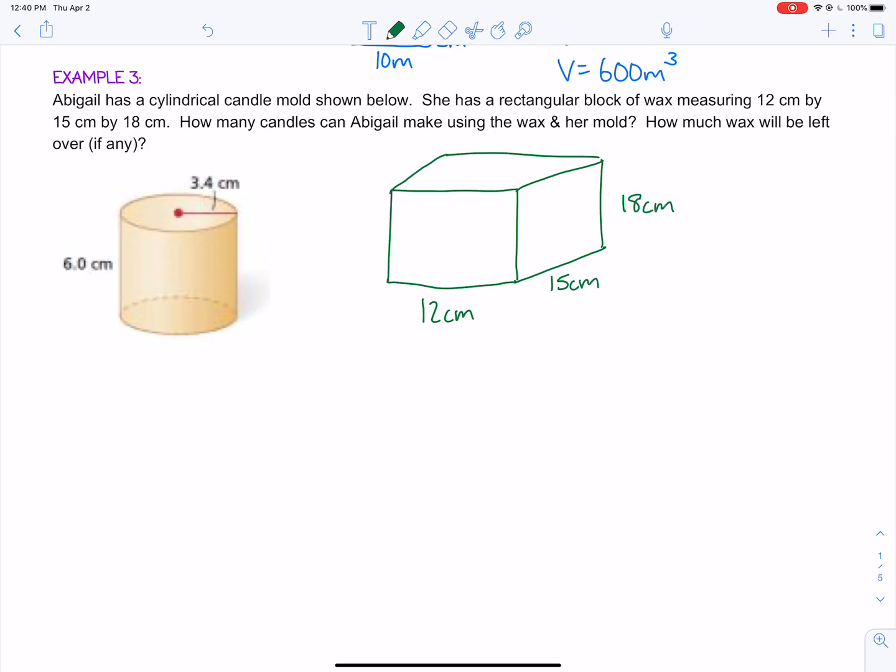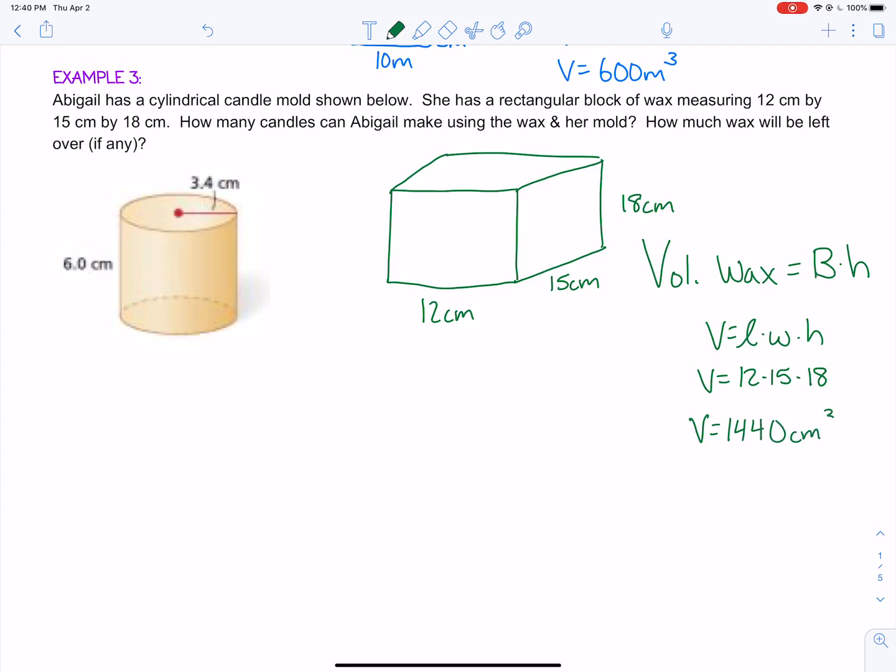We could figure out the total volume of her wax by saying that would be the area of the base times the height, which is the same thing as saying length times width times height, which would be 12 times 15 times 18. So the total volume for all of the wax would be 3,240 cubic centimeters. I'm just going to write that that's the total amount of wax.